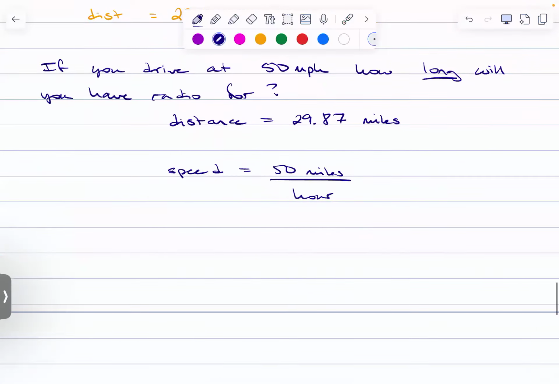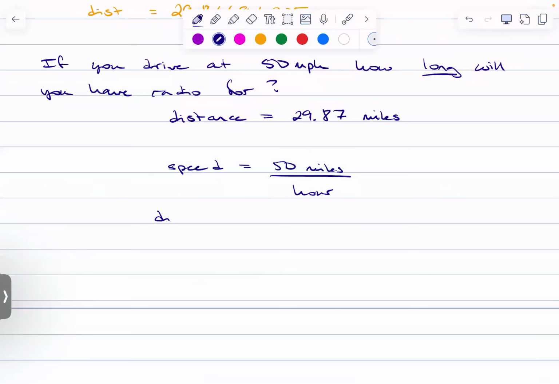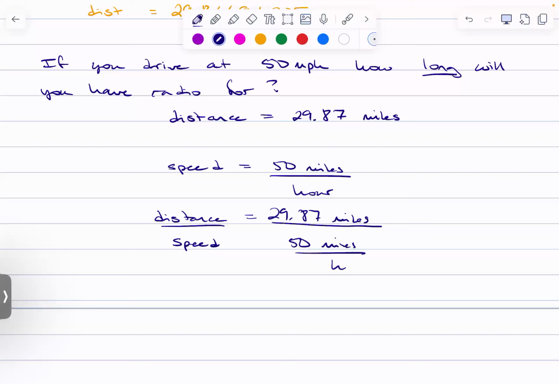And so for how long, we have the distance divided by the speed, 29.87 miles divided by 50 miles per hour. To keep it on the same page, I'll do it here, 1 hour per 50 miles.